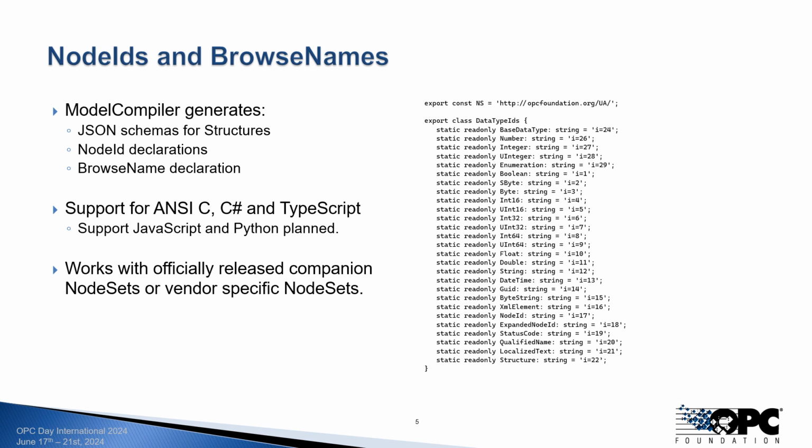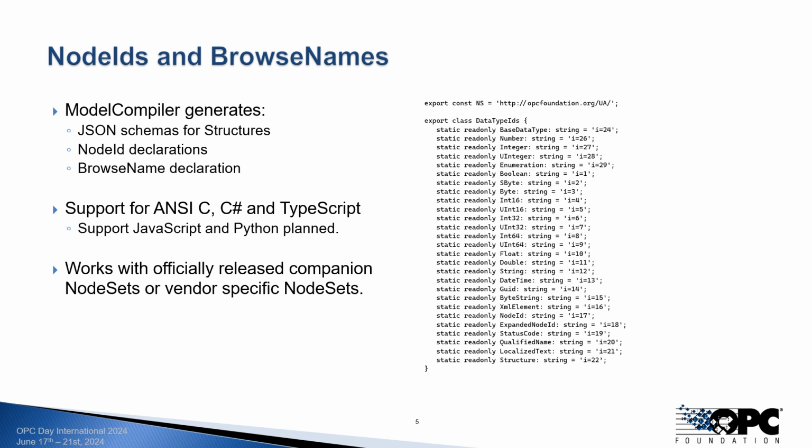Now, one detail about OPC UA information models is that they include a lot of fixed node IDs and browse names, which can be discovered by browsing, but there are a lot of circumstances where, if you're writing client code, it's convenient to be able to reference constants that define these well-known node IDs.